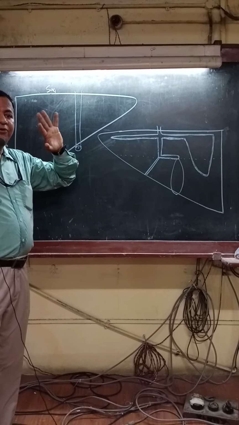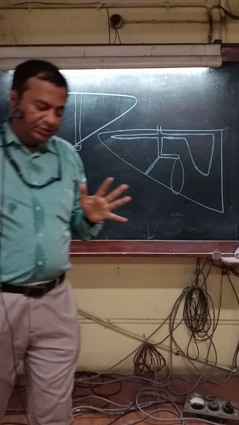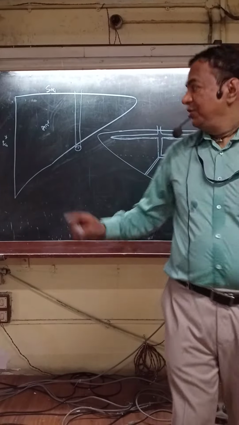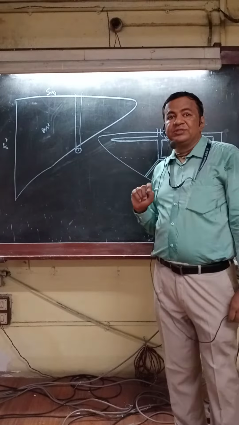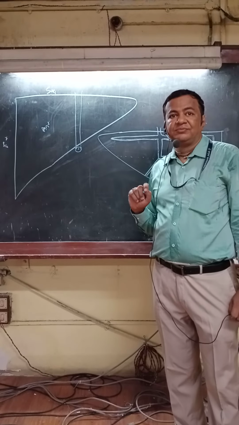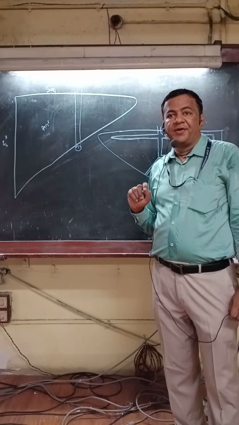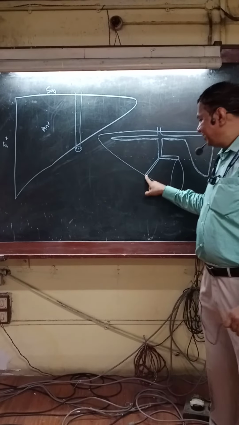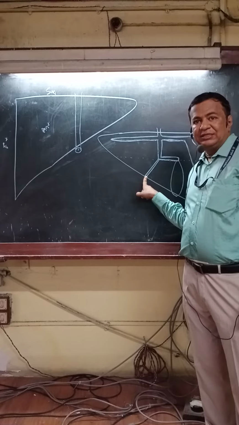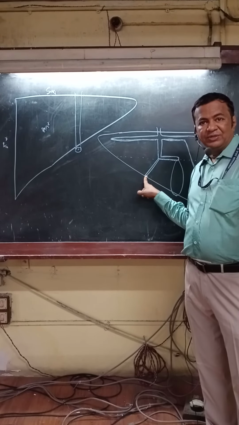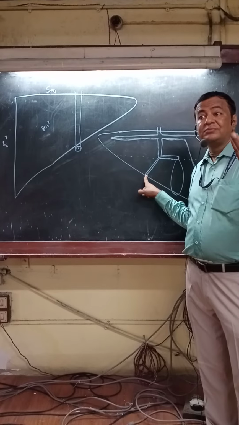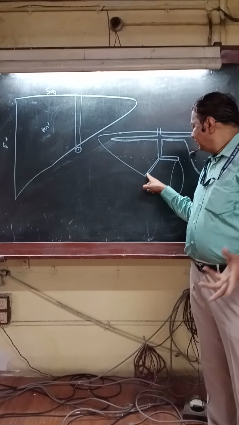Okay. Now let's talk about, just before that, what is this ligamentum venosum? What is ligamentum teres? Umbilical vein. It is getting oxygenated blood from the placenta.